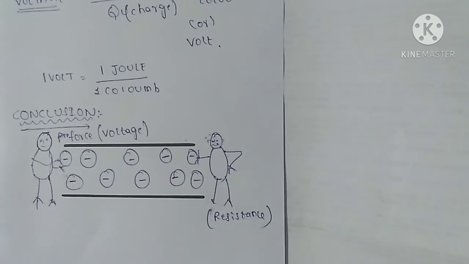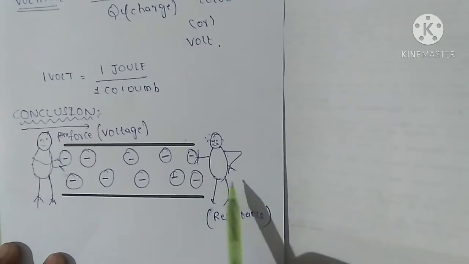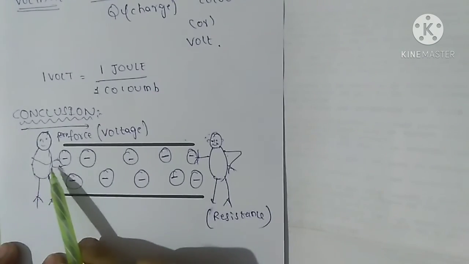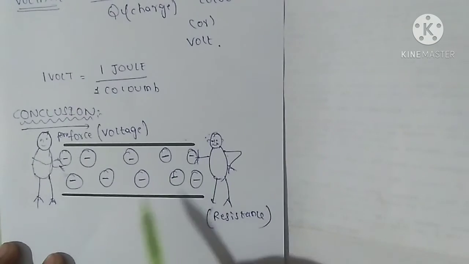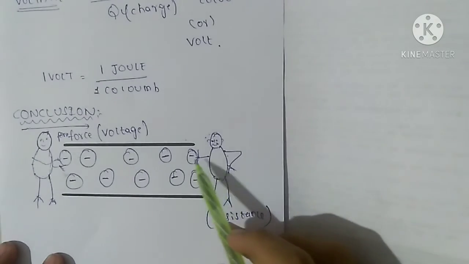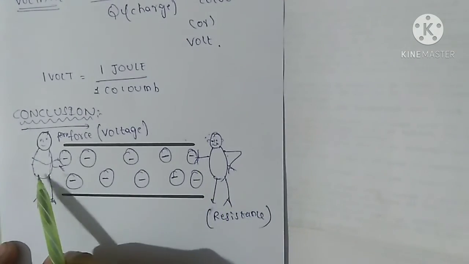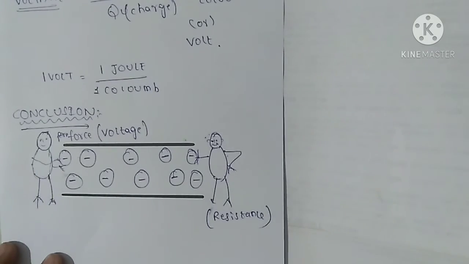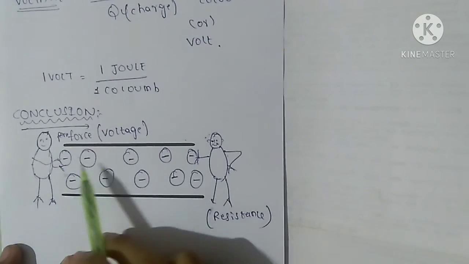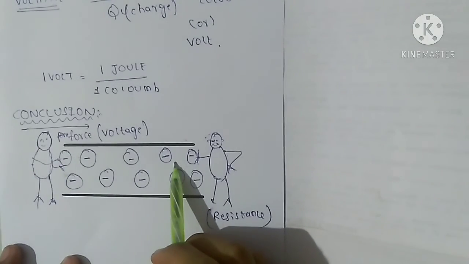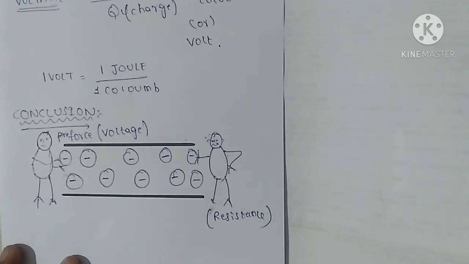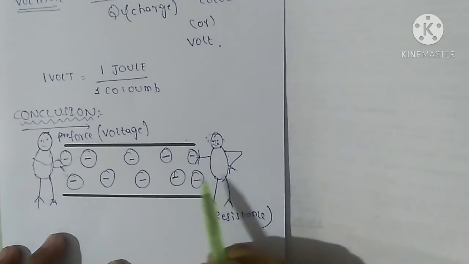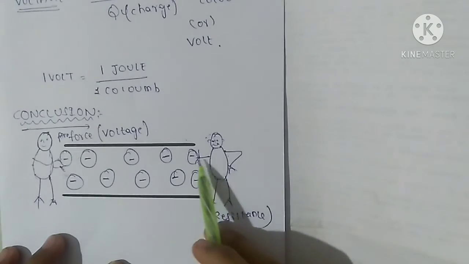So, conclusion: consider two boys. One boy is applying pressure for the movement of electrons, and another boy is stopping the electrons. This boy is named voltage and this boy is named resistance. So when voltage is applied, there will be a flow of electrons, and the voltage will drop due to the resistance.